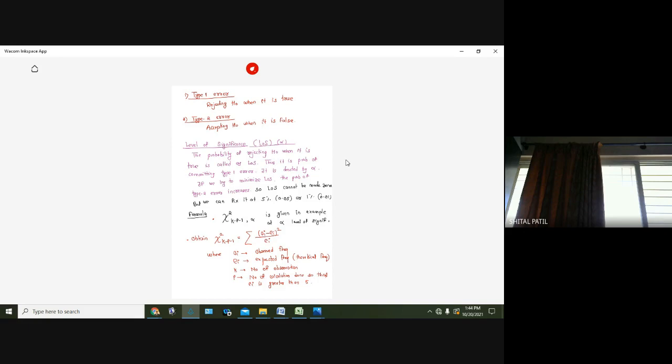Right, expected frequency should not be less than 5. It should be greater than 5. And usually for whatever examples we are considering here, in M3, for all those examples, P equals 0. No calculation is to be done. So from there we can find this K minus P minus 1, that is degree of freedom.